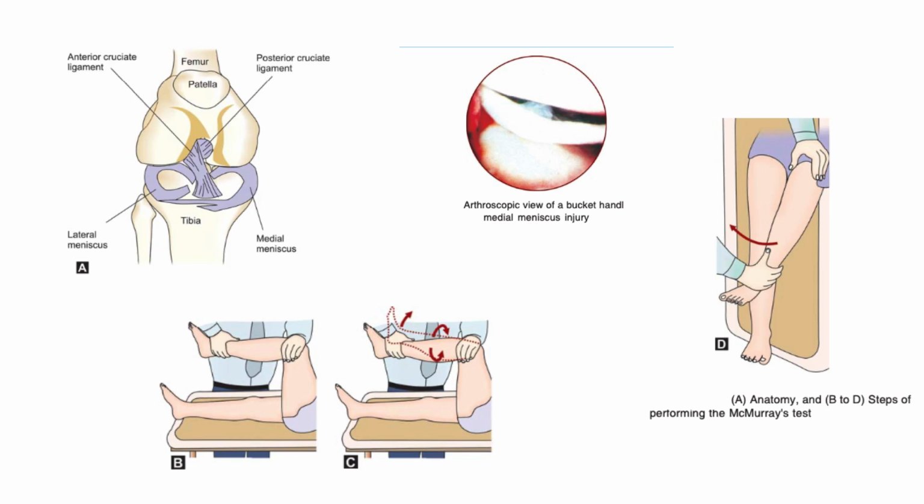Double contrast arthrography is 95% accurate, and MRI is expensive but very useful for diagnosis. In the differential diagnosis, a fracture of the tibial spine, if present, may give a clue to a possible ACL tear. It also helps to exclude osteochondritis dissecans and osteocartilaginous loose bodies.